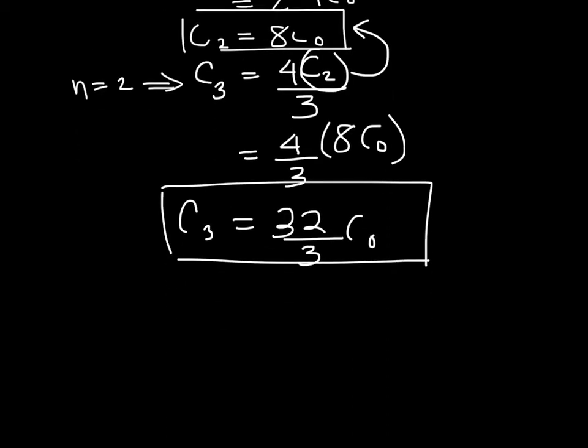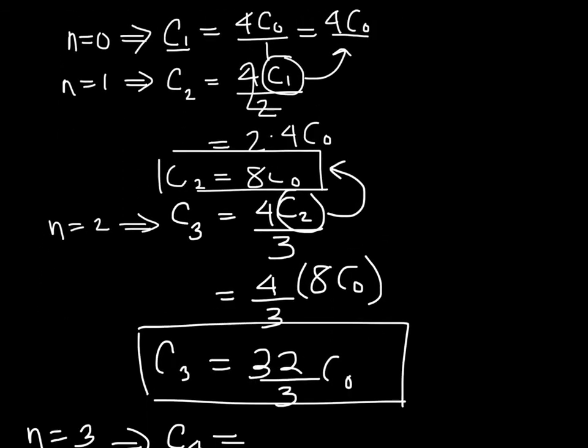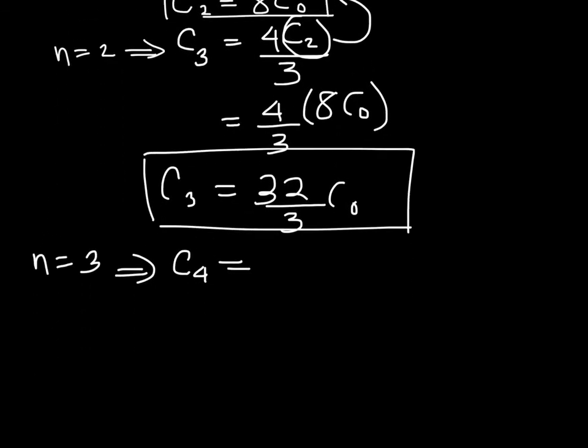And let's go ahead and do one more. So n equals 3. So I get C 3 plus 1, so that's 4. And C4 equals 4Cn over n plus 1, so that's just 4 over 4. Notice that's just 1.